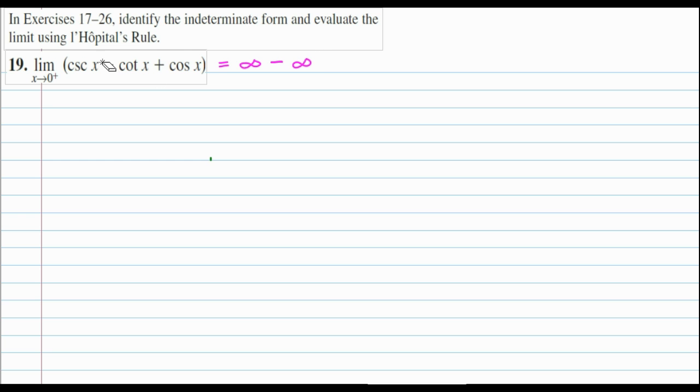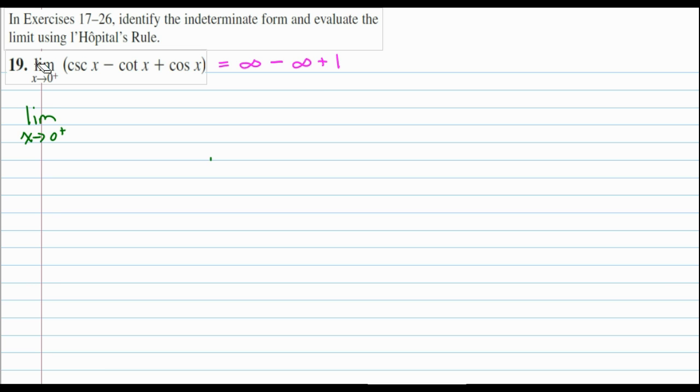And then cosine of 0 is simply just 1. Well, we still have this indeterminate form, infinity minus infinity. Yes, there's a plus 1 after that, but that's determined. The indeterminate part is the infinity minus infinity. So let's see if we can do a little bit of algebra first. I'm going to try and find a common denominator and combine all these into one thing so I can start using L'Hopital's rule, derivative of numerator over derivative of denominator.